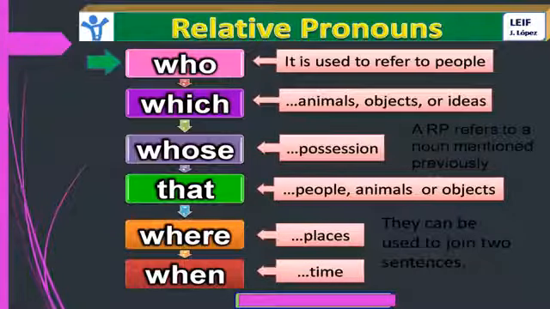Whose is to talk about possession, الملكية, ضمائر الملكية, like her book, his book, my book, your pen, or when I say Alaa's book, Sarah's car, Ahmad's book. That we use to talk about animals or humans. And where, of course, is to talk about places like cities, towns, countries. When is to talk about time, like days, months, years. Okay.